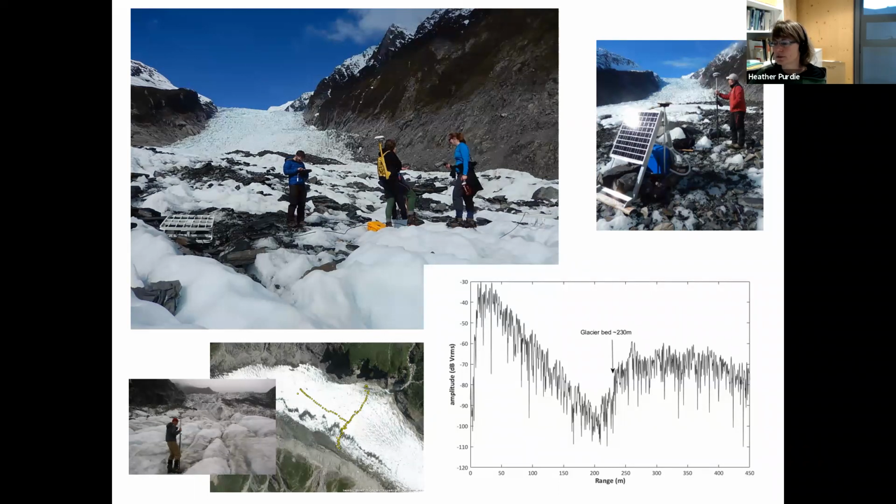I think we're starting to get interference from the valley walls. The signal was really clear all the way down through the central flow line area, but the edges were definitely not as clear.